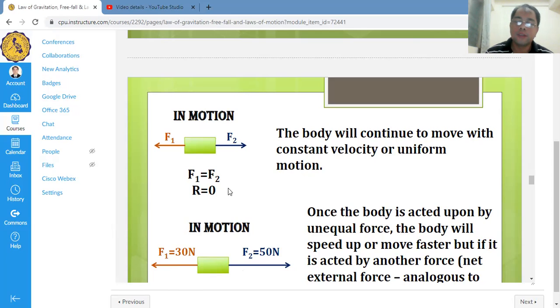So there are two things that balanced or unbalanced forces can work on: either the object is completely at rest or already in motion. Here, the body will accelerate, but here, the body will just move with constant or uniform motion. This is an example of balanced forces, whereas this one is an unbalanced force.